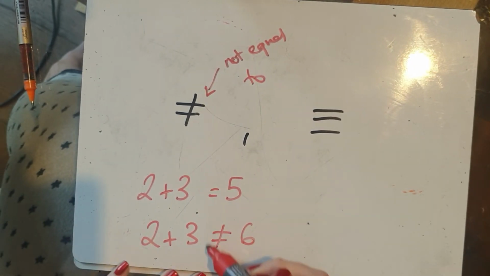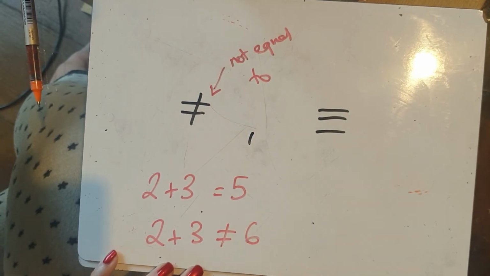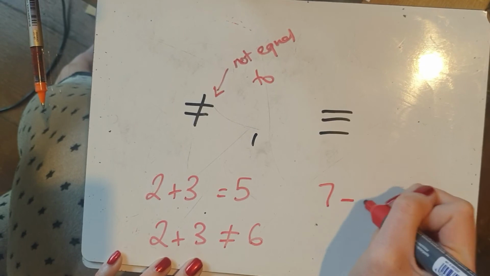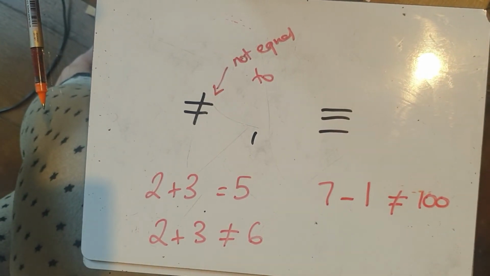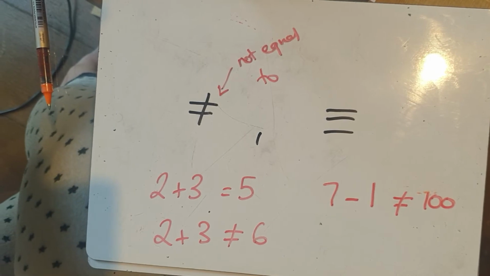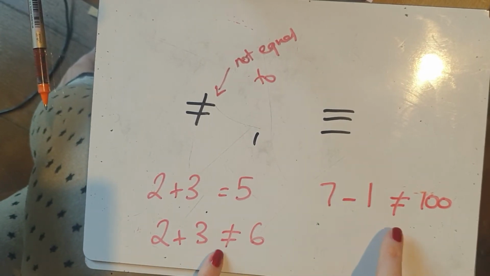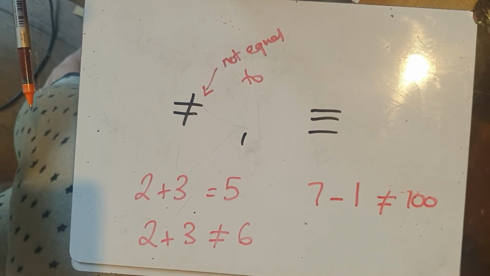That's all we would use it for, is to signify that what's on the left hand side is not equal to what's on the right hand side. So another one, we could say 7 minus 1 does not equal 100. And hopefully, being in set 1, you know that that's true. So that is all the not equal to sign is used for.